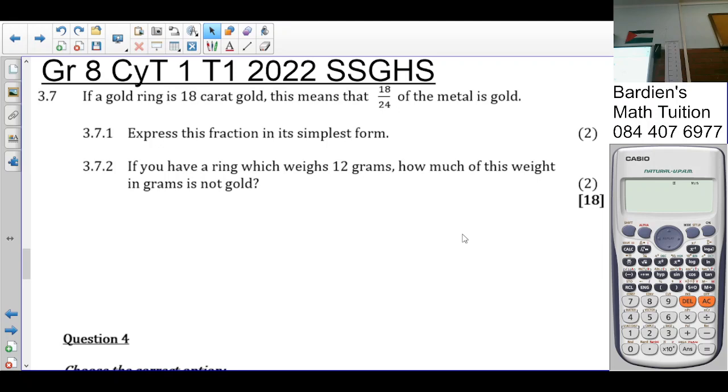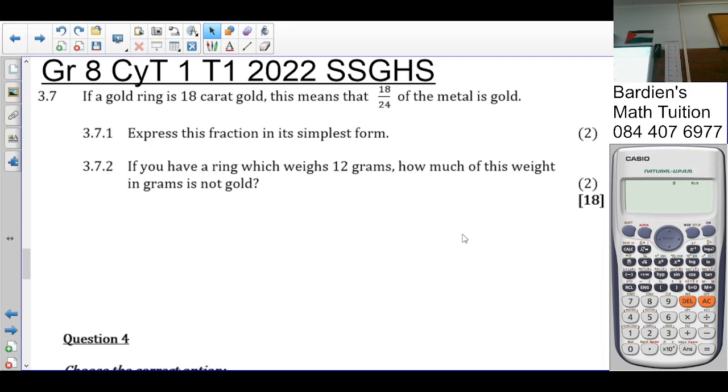Then there's 14 karat, where half of the metal is gold, then 18 karat, where 18 of 24 parts is gold, and 21 karat, where 21 parts of 24 is gold, and 24 karat is basically your pure gold.